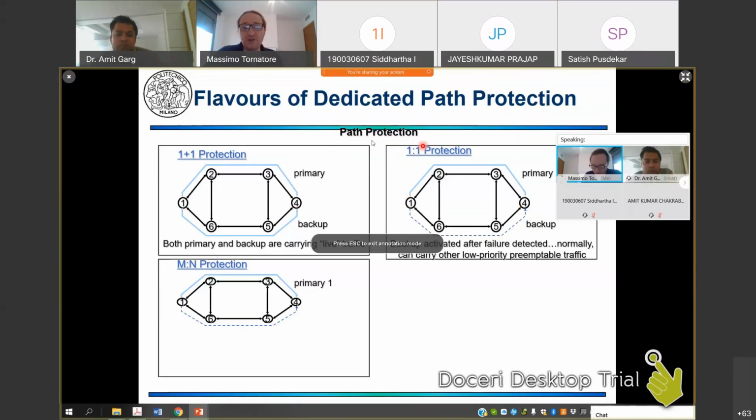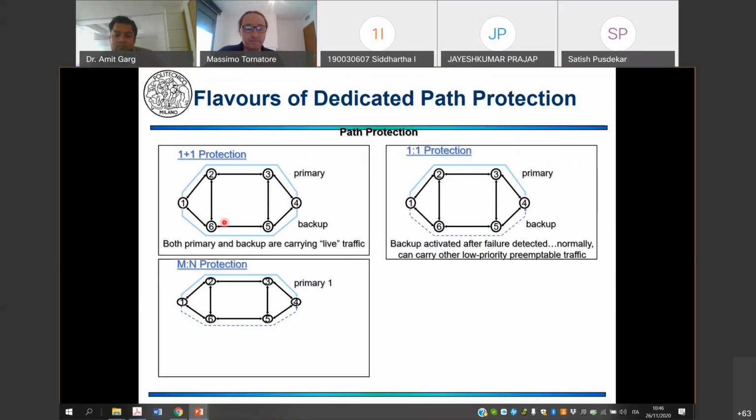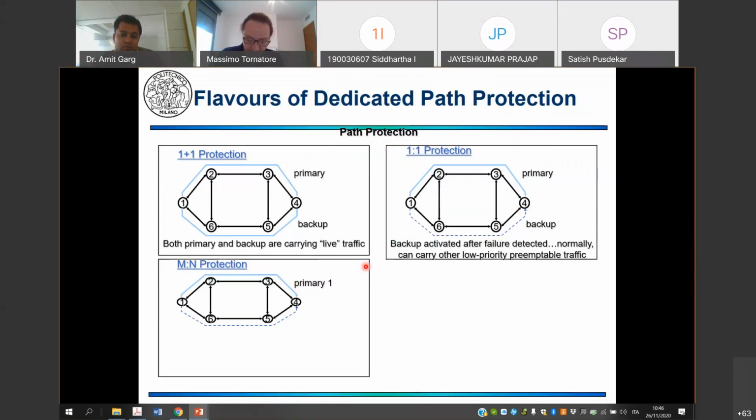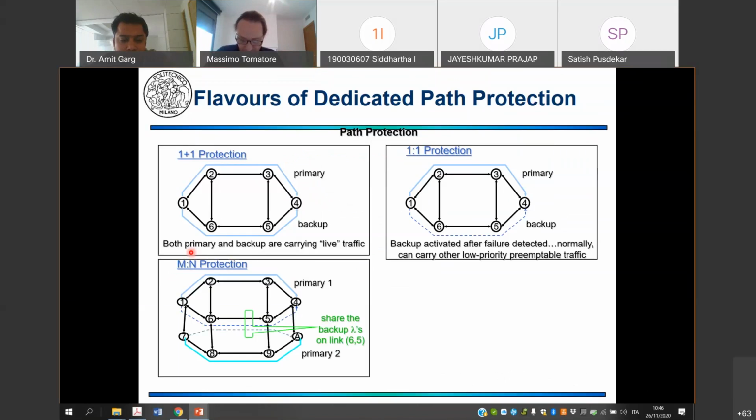And then there is another version of this protection, which is M2N dedicated protection. In M2N, the idea is that you can have M primary paths and N backup paths, which are dedicated to the M primary paths, and somehow you save some capacity, even though you have a dedicated protection.